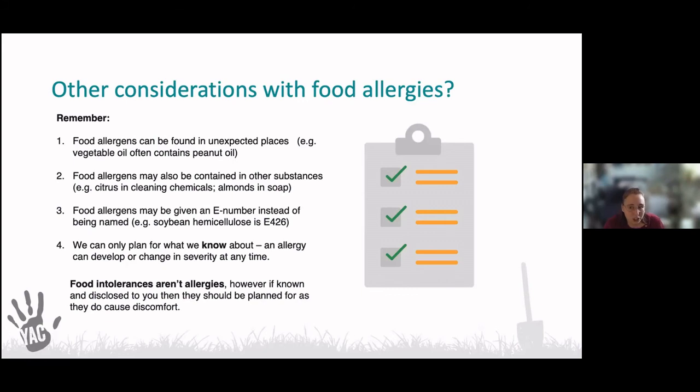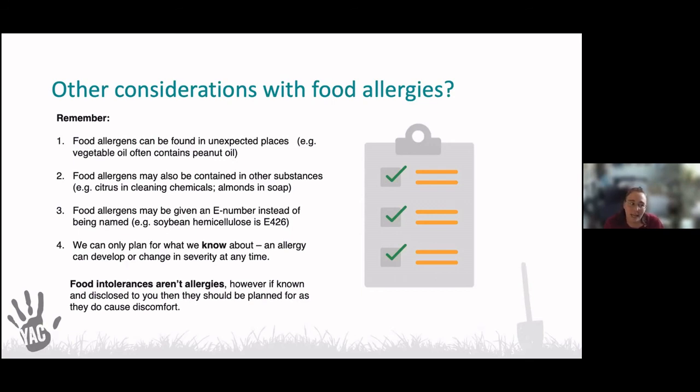If it's a known allergy, then you are likely to be given a list of E-numbers as well that relate to that allergen, because they might be given an E-number instead of being named. So if someone's allergic to soybeans, then soybean hemicellulose, sorry, is E426. So it's worth knowing that as well.